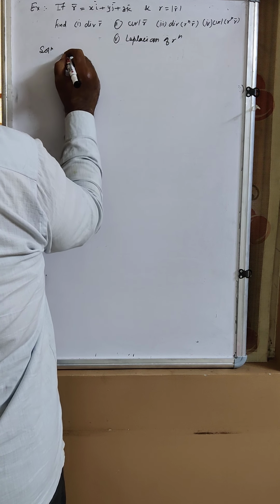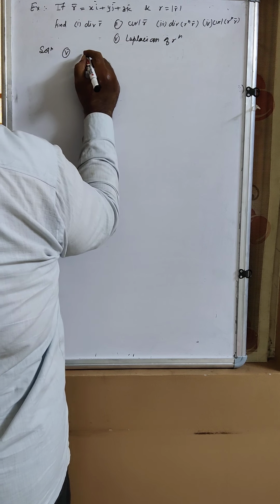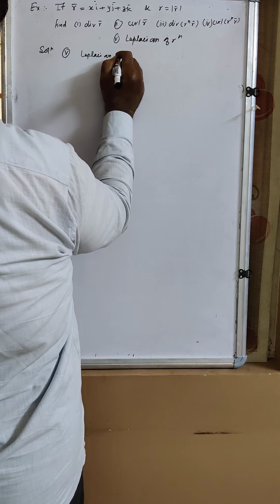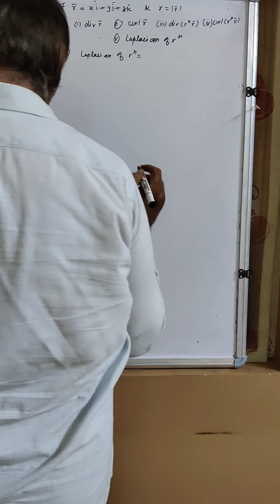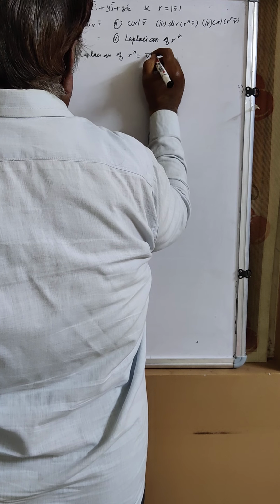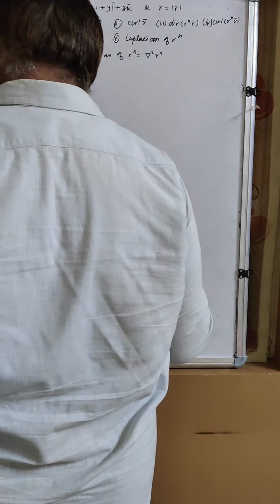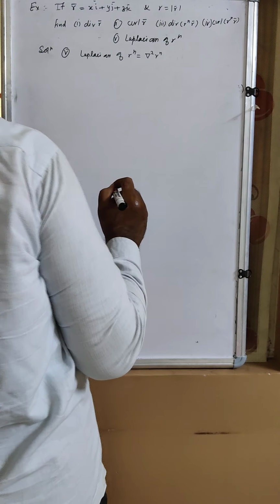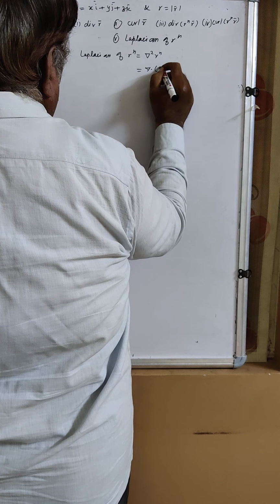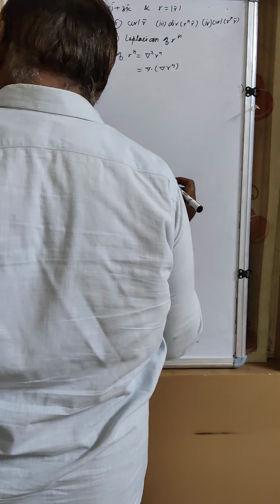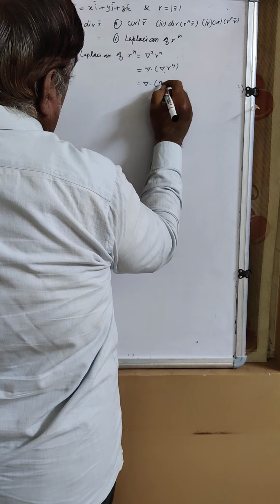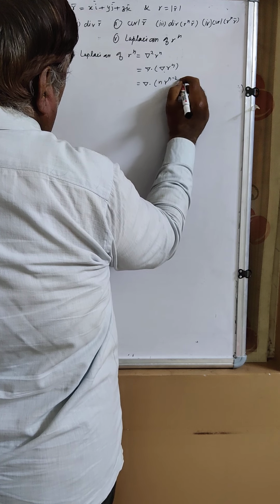Solution: Laplacian of r raised to n is equal to del square r raised to n, which is equal to del dot del r raised to n. By the previous result, we know that del r raised to n is n r raised to n minus 2 r vector.